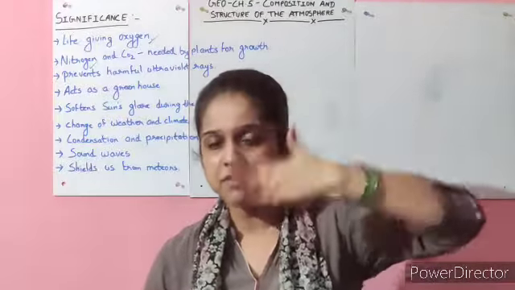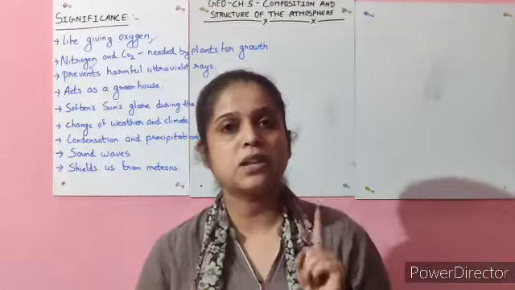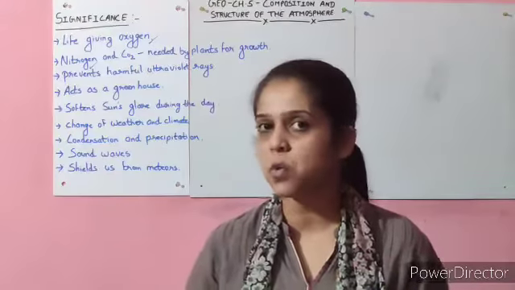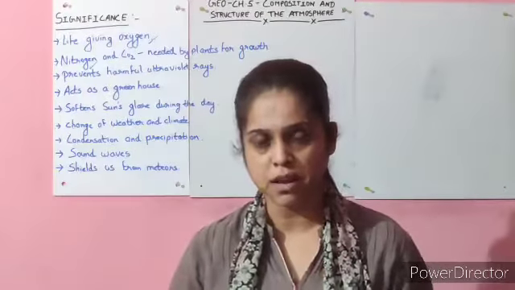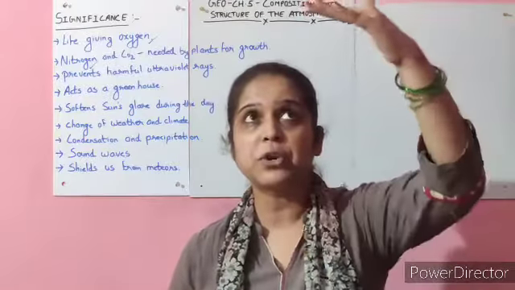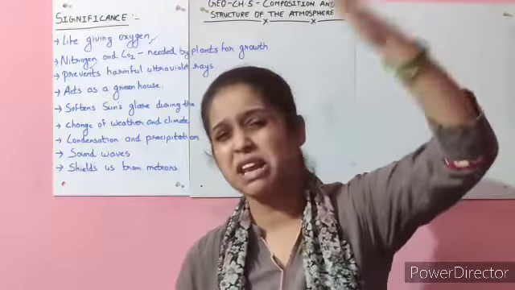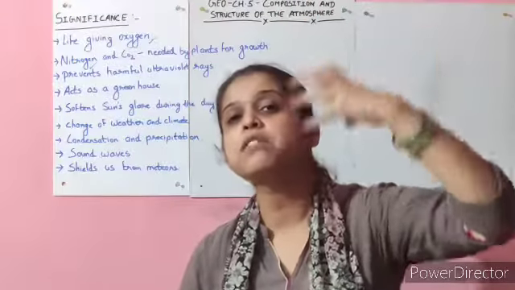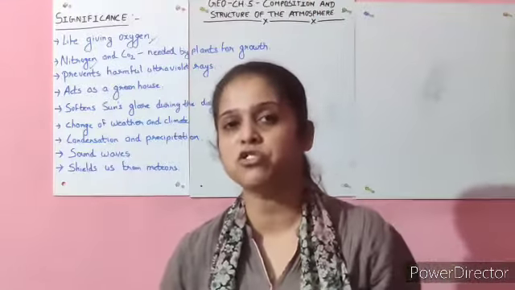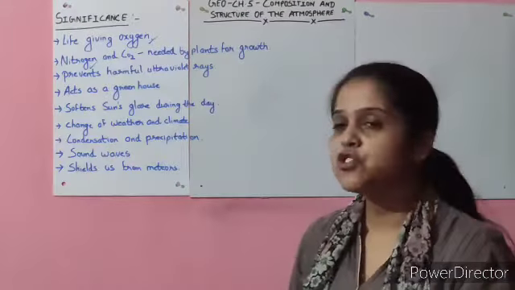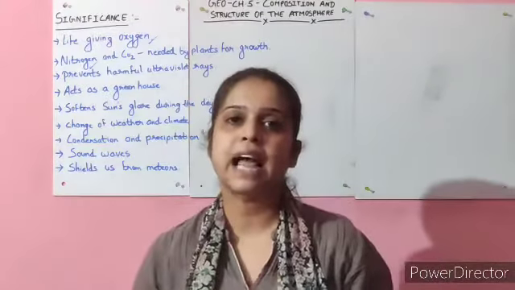The rays that come from the sun. I told you that the atmosphere protects us from the ultraviolet rays that come from the sun. So if it is protecting us from the ultraviolet rays, it is reducing the glare of the sun, the sharpness of the rays which reach the earth. Understood? Next is change of weather and climate.